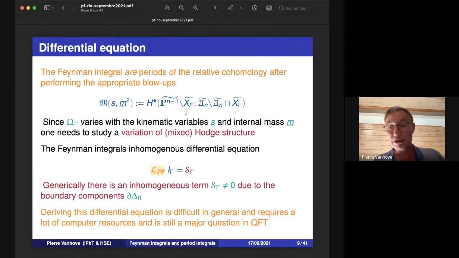In particular, the fact that it has non-isolated singularities makes your life very, very miserable. Now, physicists have been trying to tackle this problem, and they have some very practical way to do it. But at some point, it gets very costly computer-wise, and you clearly need to improve on the method and get a deeper understanding of what's going on.